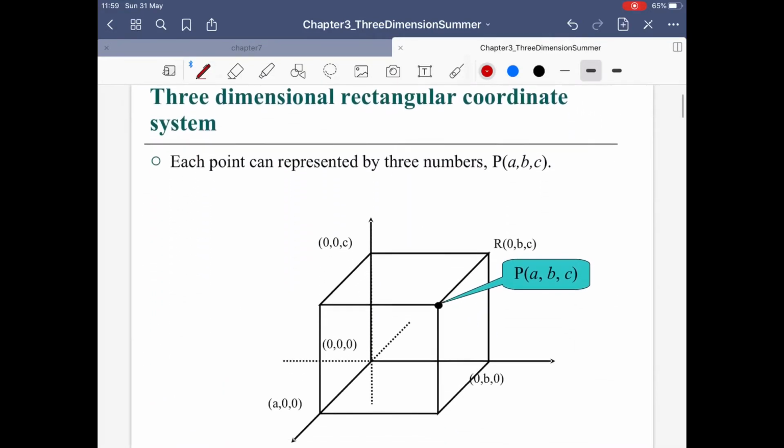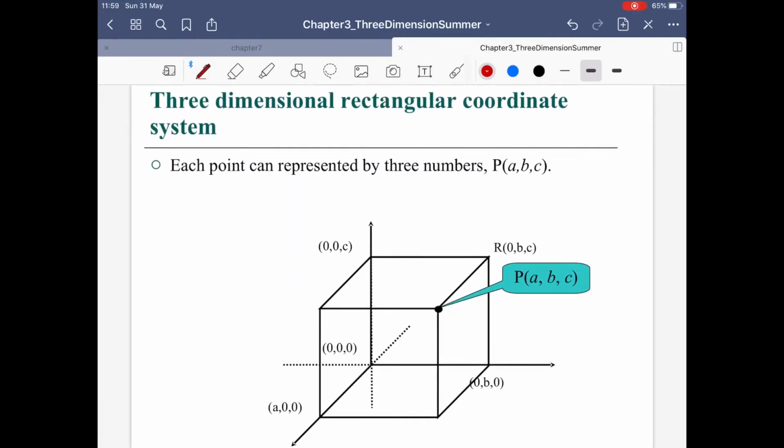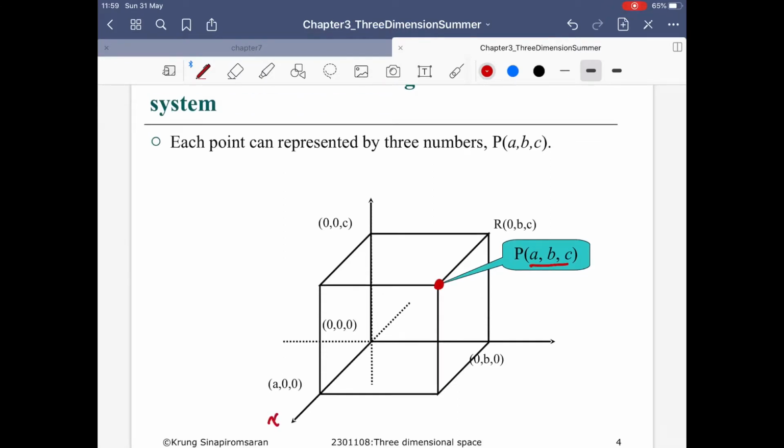Okay, so the point (a, b, c) right here is going to be the point in three-dimensional space that goes along the x-axis by a units, okay, over here, this is a units, and then goes along the y-axis for b units.